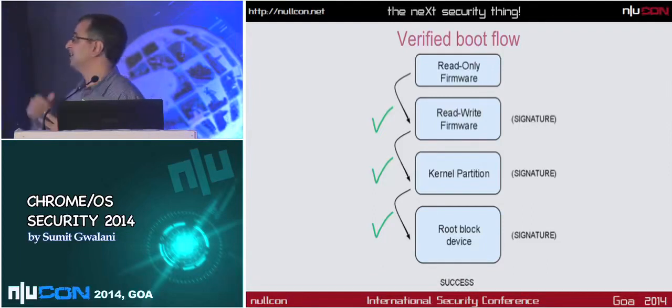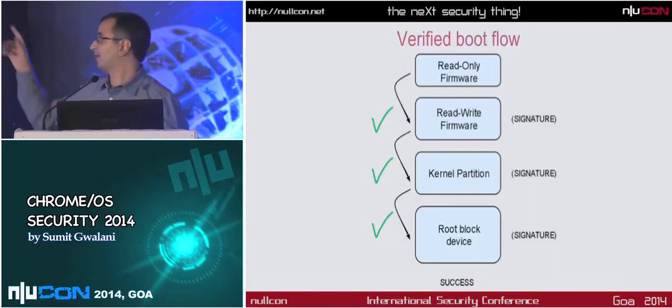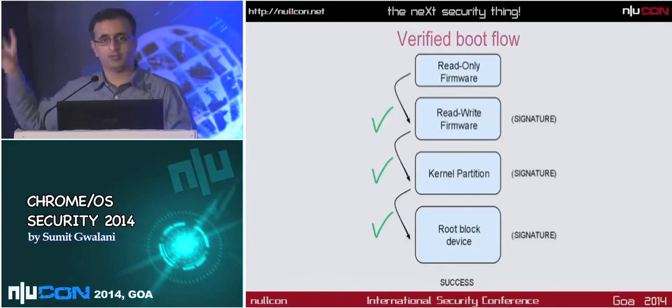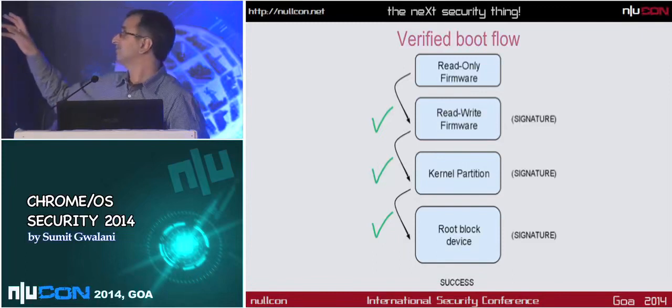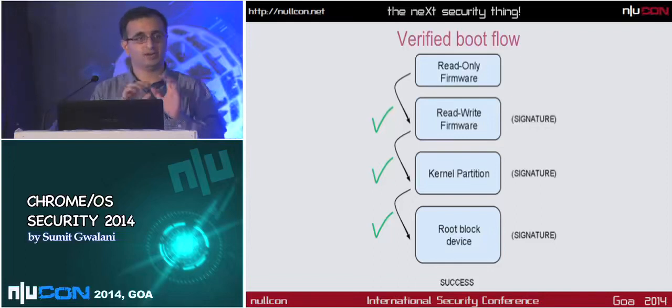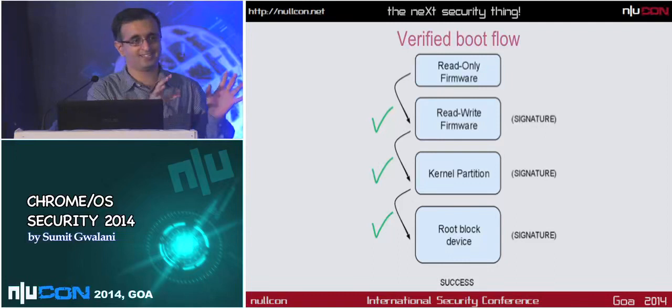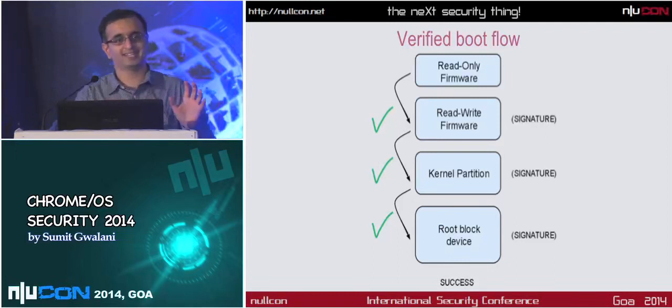Once that has been done, it will then verify the root block device. I'll come to the details of how the verification of the root block device happens later, but this is how the process works. It's as simple as that. There's nothing great there. The only thing was this theoretical idea, which has been around for ages: how do you actually bring it into a device and make it ready for consumer use?